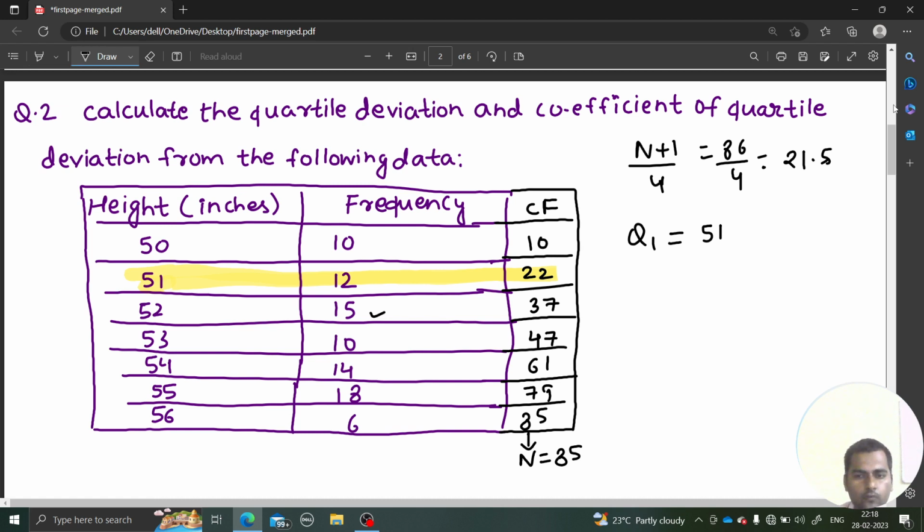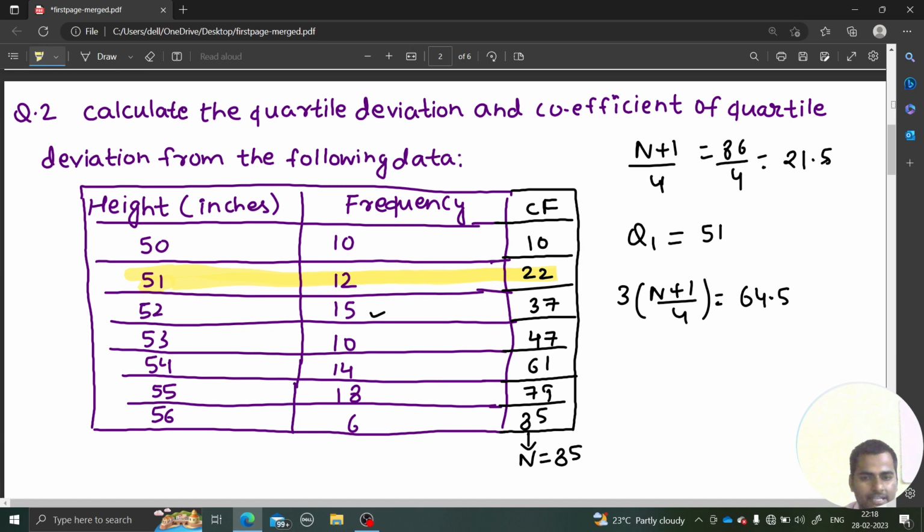Now what about Q3? For that, again 3 times n plus 1 by 4 if you calculate, if I multiply the same value by 3, that will be nothing but 64.5. So 64.5, just greater than that, I can see 79 is there.